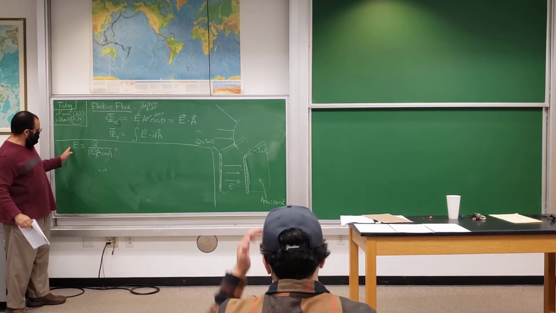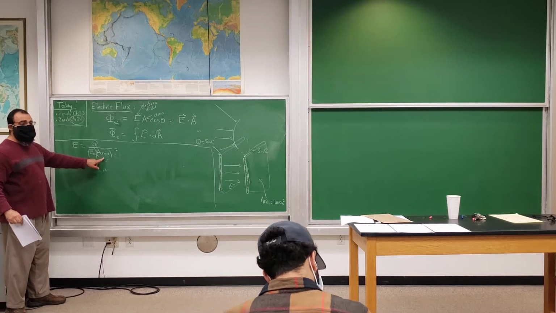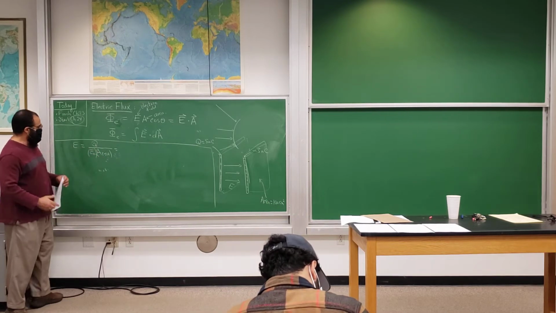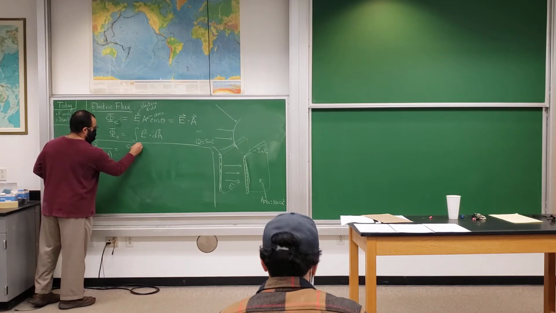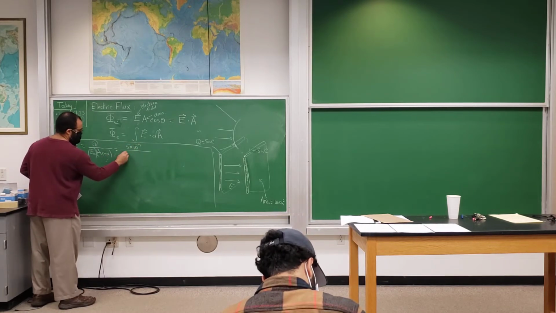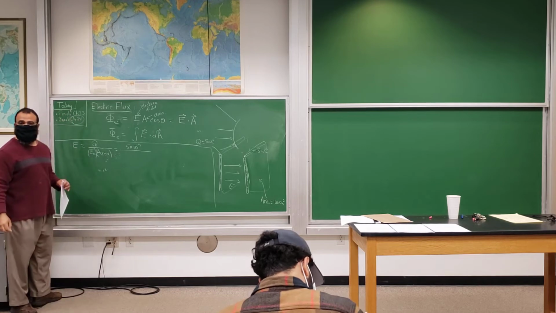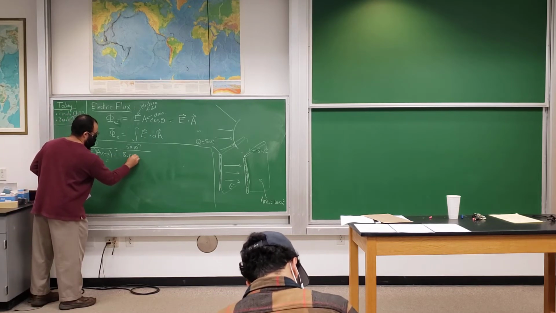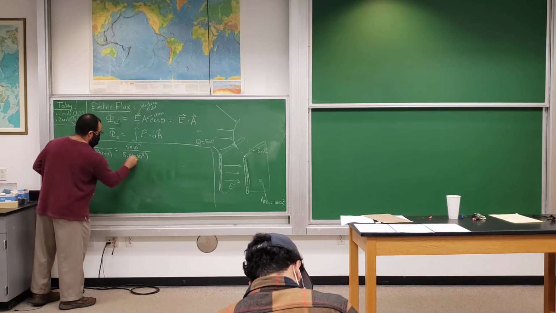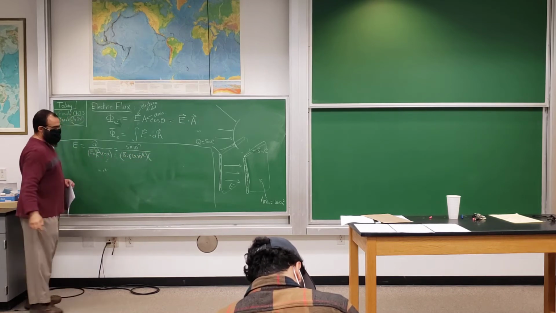So the electric field is Q over epsilon naught over the area, so let's calculate it. Q is 5 nanocoulombs, so 5 times 10 to the minus 9. Epsilon naught, does anyone remember the value? 8.85 times 10 to the minus 12. And then the area is 100 square centimeters, right?